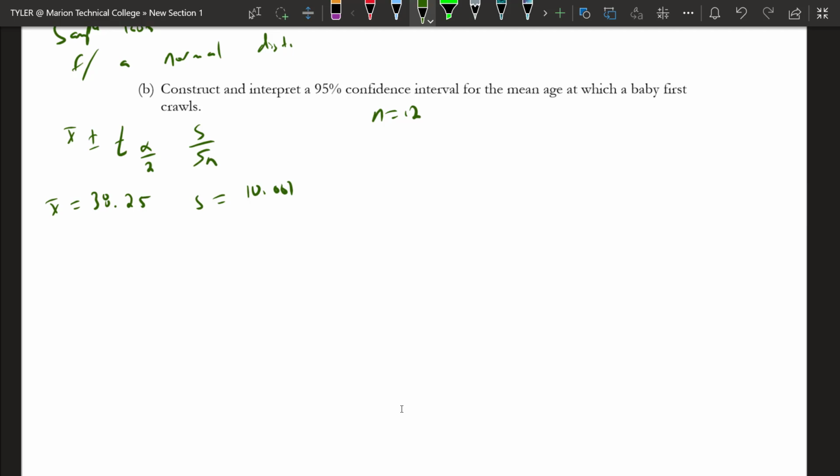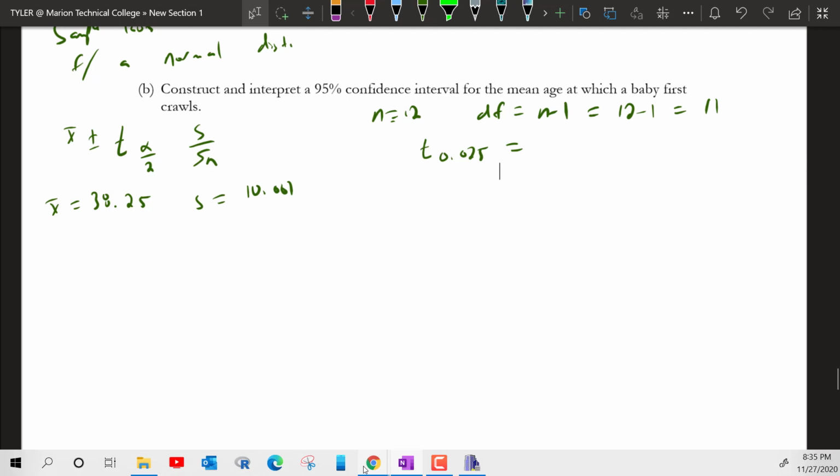Right, so since n equals 12, my degrees of freedom is going to be n minus 1, which is 12 minus 1, which is 11. So I need to find the t sub 0.025, since it's a 95% confidence interval, with degrees of freedom equal to 11.